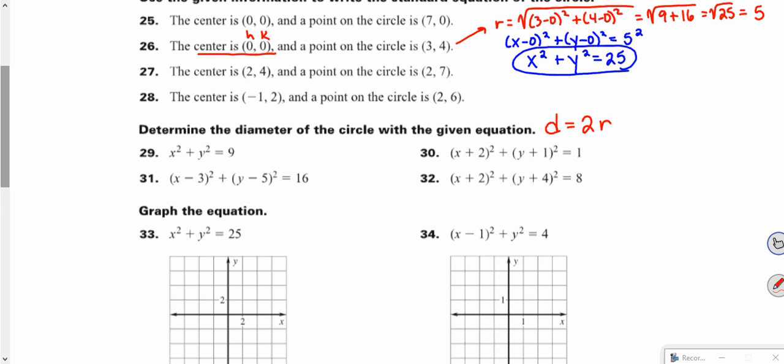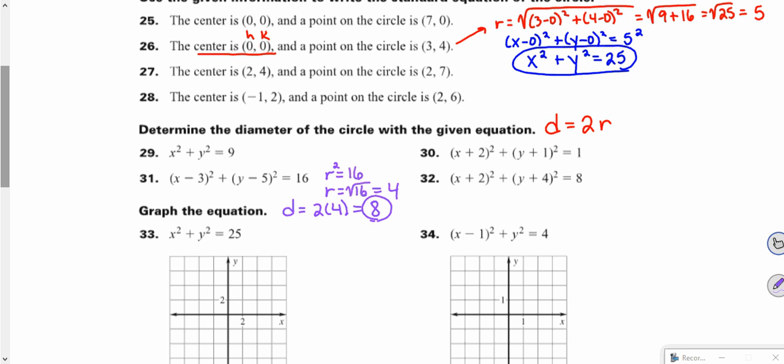My radius squared is 16, so the radius is the square root of 16, or 4. That means my diameter is 2 times 4, or 8.